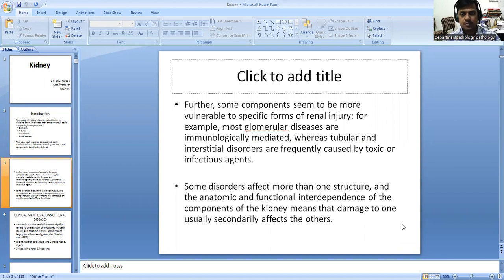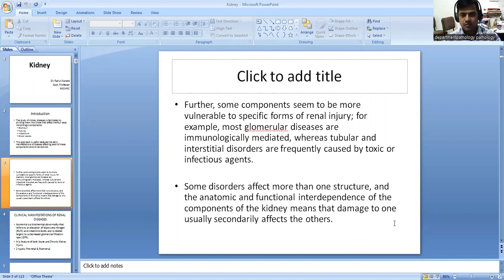Further, some components seem to be more vulnerable to specific forms of renal injury. For example, most glomerular diseases are immunologically mediated, whereas tubular and interstitial disorders are frequently caused by toxic or infectious agents.